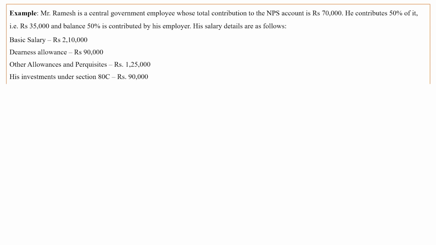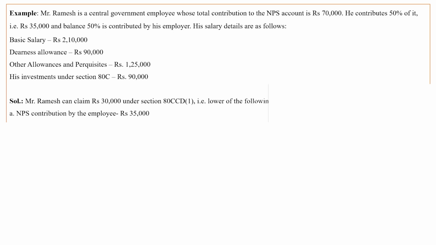So out of 1 lakh 50,000, already 90,000 has been invested in 80C. So the rest, 60,000, is available, and what he is entitled to get under section 80CCD is the lower of the following: the NPS amount actually contributed, 50% of 70,000, that is 35,000, and 10% of basic salary plus DA, which comes to 30,000. So 30,000 he can claim.